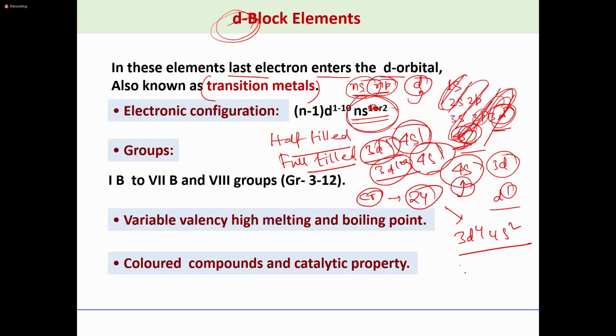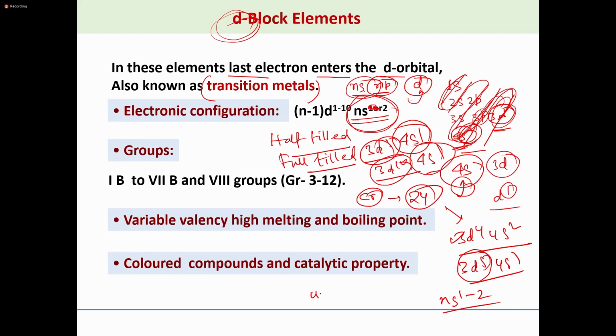But there is another possibility, 3d5 4s1. In that configuration the d orbital is half filled, which is more stable than the other one. That's why it is written as 4s1. That is the chromium case.